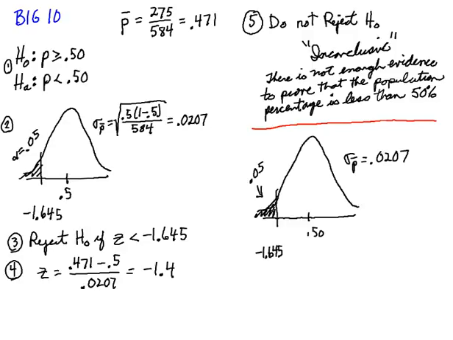So in other words, the 0.471 is 1.4 standard units to the left of the center, which puts that 0.471 about here in the distribution. Now, its test statistic or z-value is -1.4, which was greater than the -1.645. So we didn't reject.